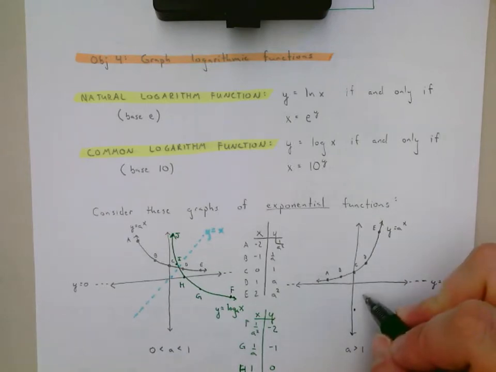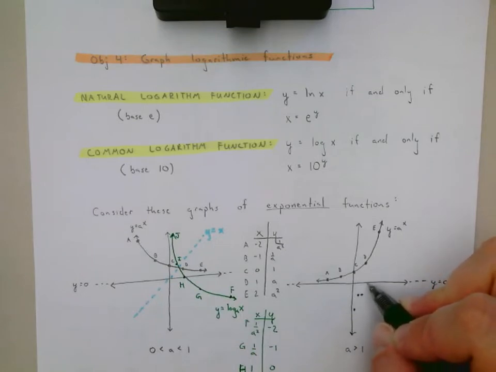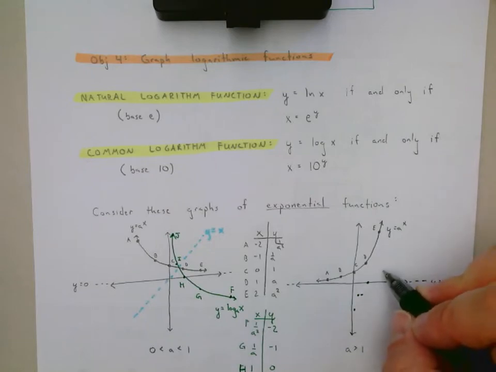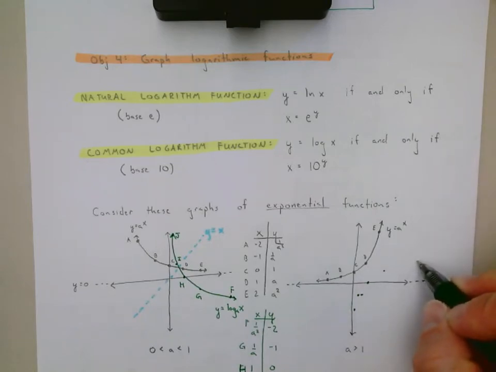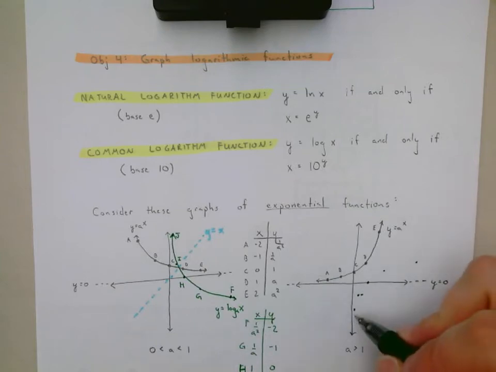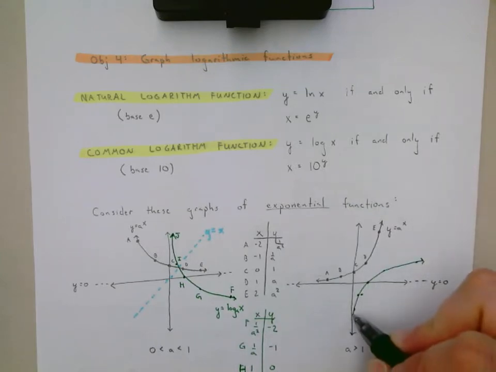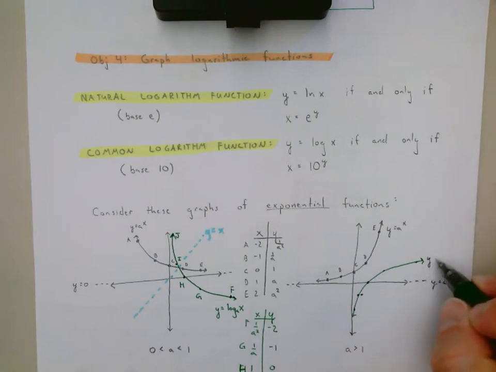Okay, 1 over a, comma, -1, maybe even more in there, 1 comma 0, a comma 1, and a squared, comma 2, we get that curve for y equals log base a of x.